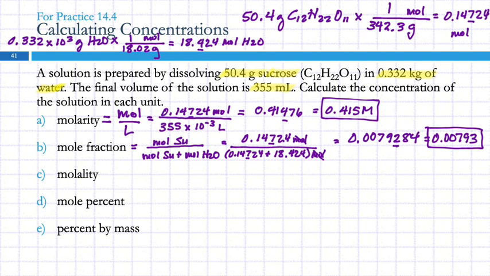Molality. This is not a typo. Molality is different than molarity. So molality is moles of solute divided by kilograms of solvent, which is the water here. Not the whole solution, the kilograms of the water.